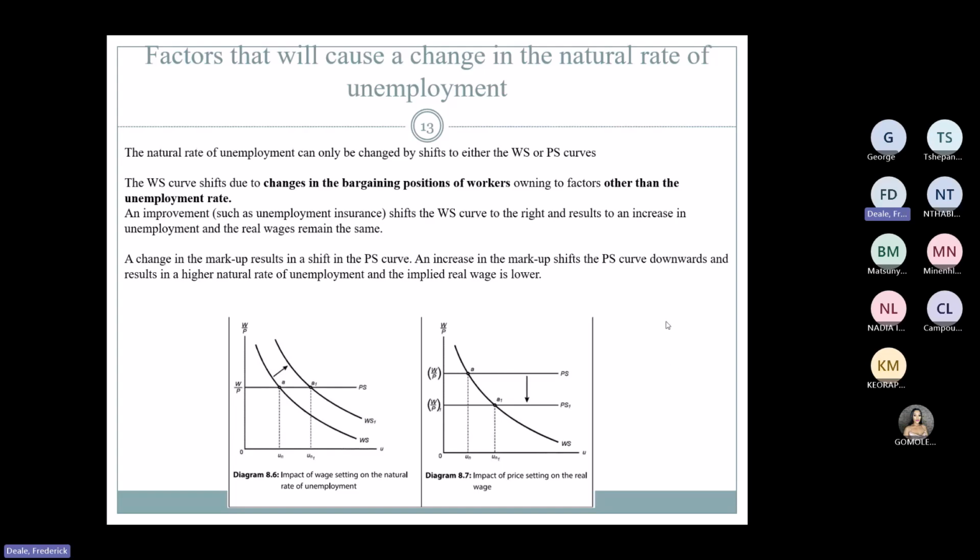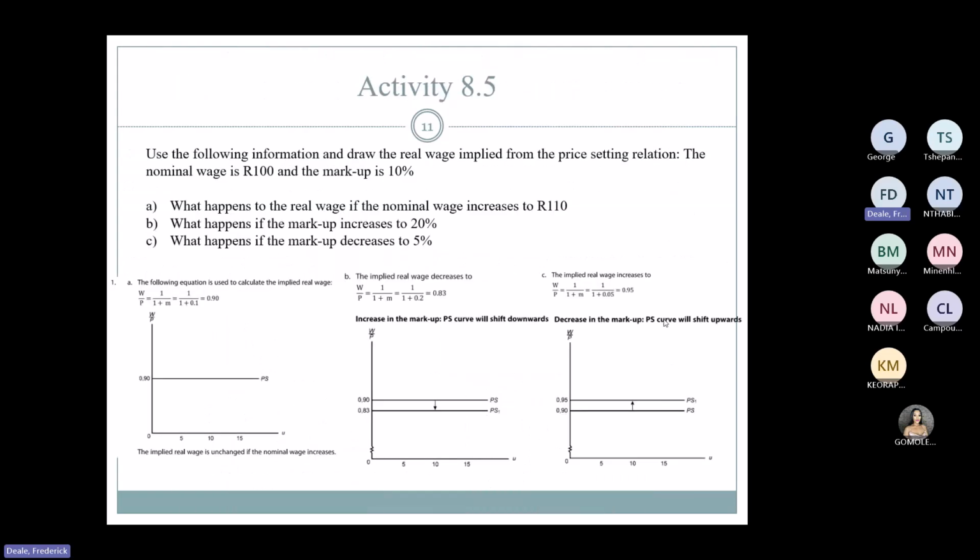That's what we dealt with when we talked about this example over here, when the markup went from 0.1 to 0.2, so from 10% to 20%, the curve shifted downwards over there in the middle, activity 8.5 point B, right? So the curve shifts downwards.